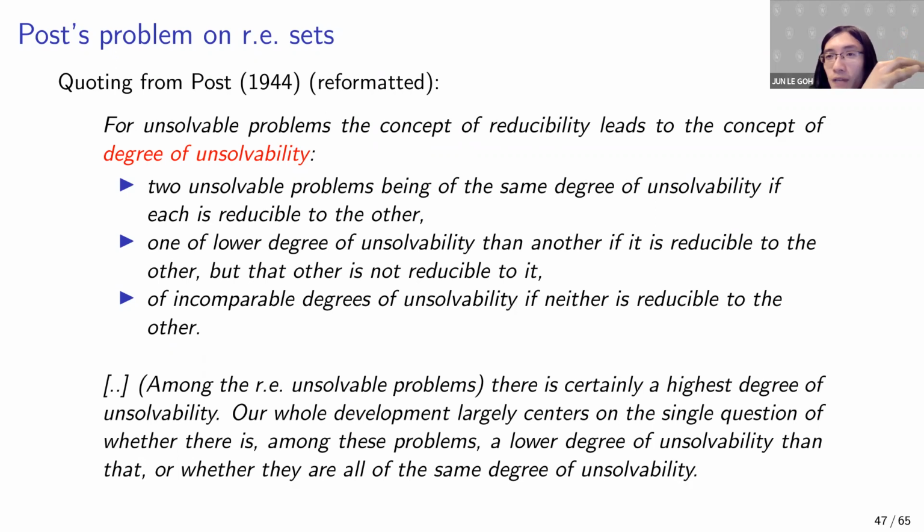Both of them have to be strictly between the halting problem and the solvable problems because they are incomparable. So in a sense, Post's problem is a rather modest problem. He could have asked an even more ambitious question: are there incomparable degrees of unsolvability? And that was also eventually resolved.